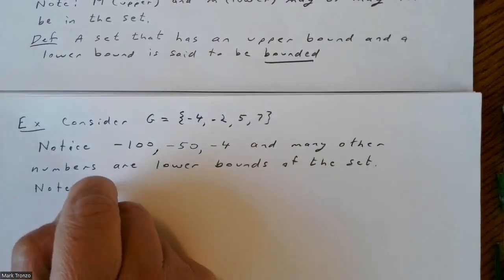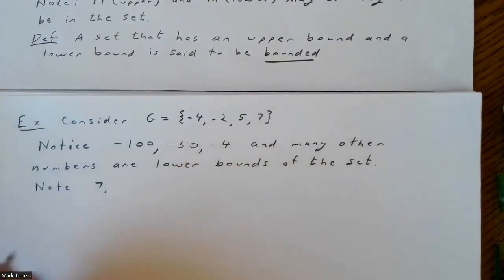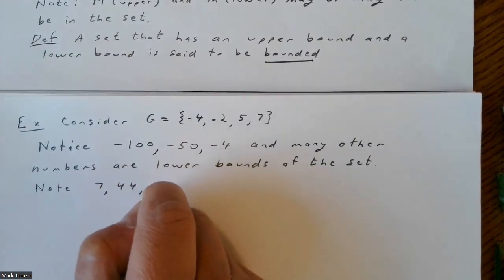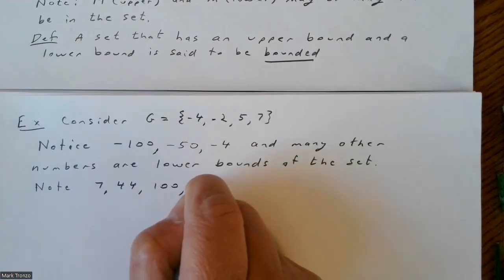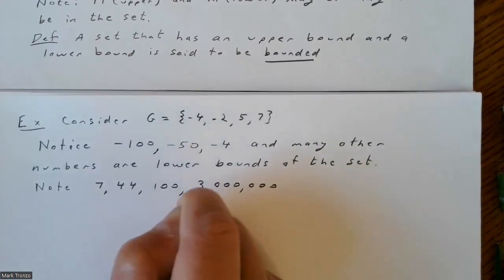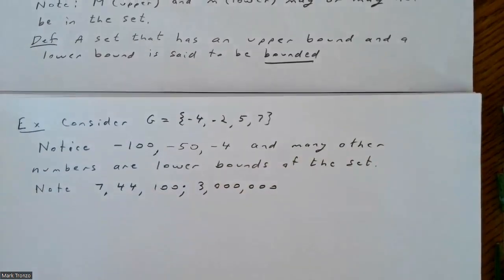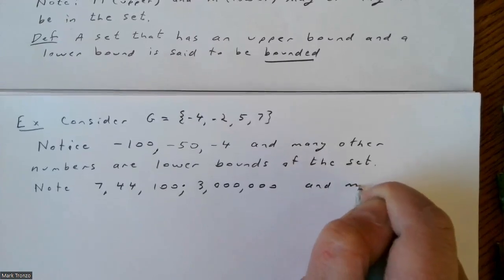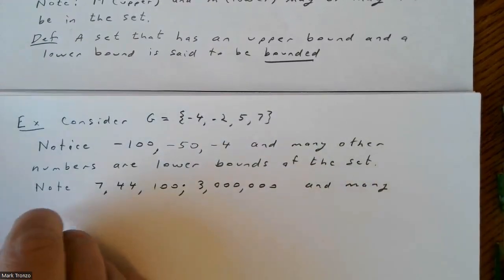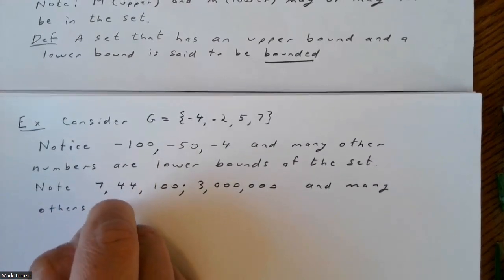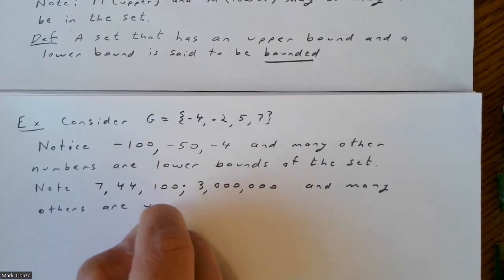Obviously, 7, just pick anything bigger, 44, 100, 3 million, and many others are upper bounds.